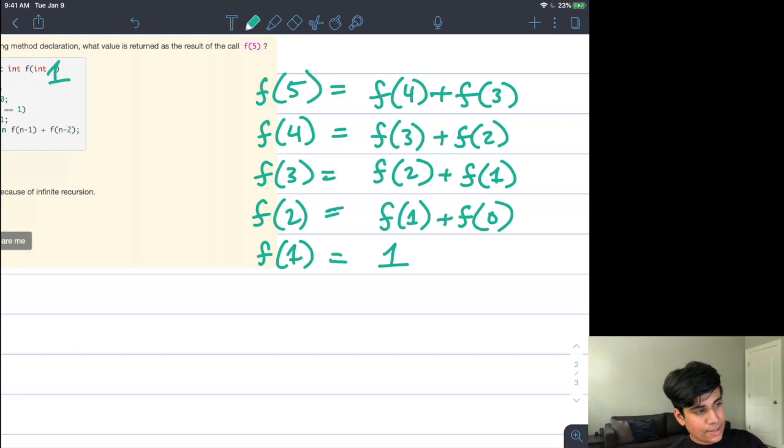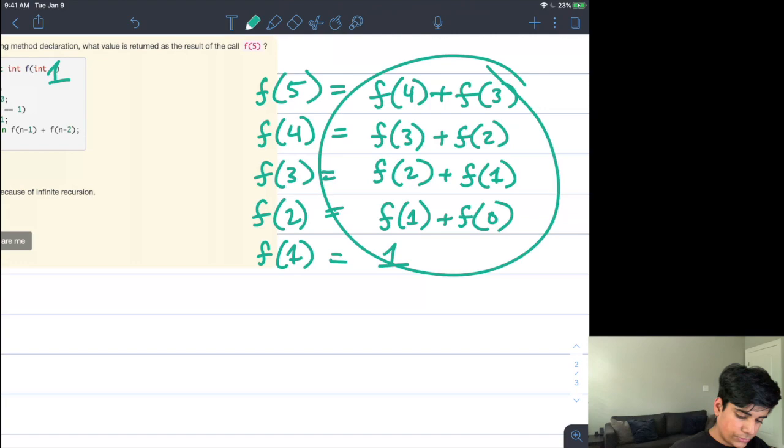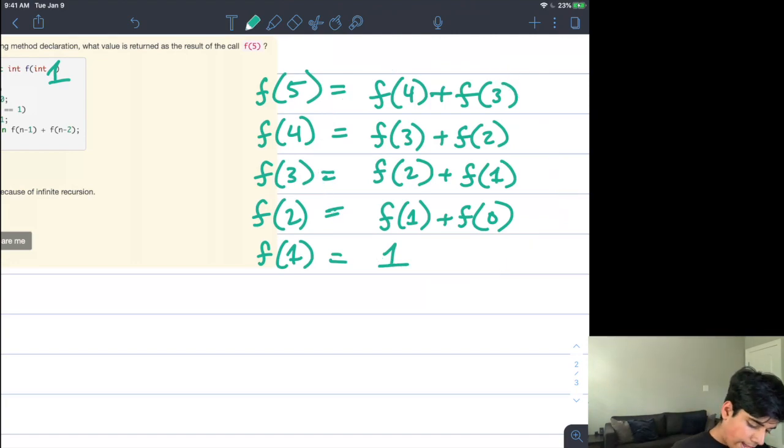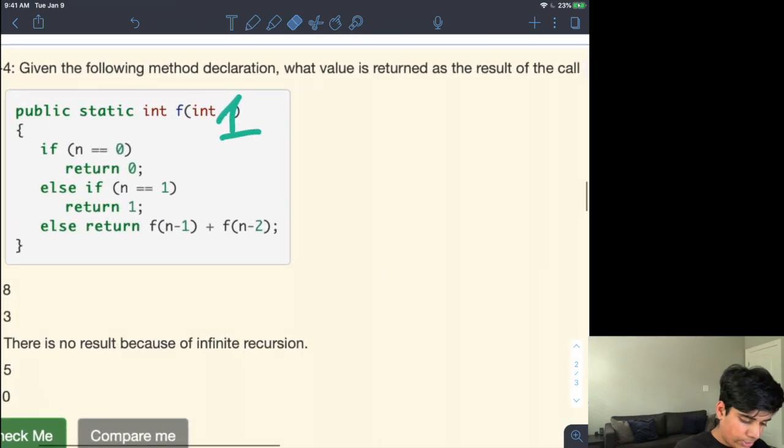Now this is great, and some people will stop here, but remember, we have one extra call. We called f1 and also f0, and f0 is the only one we have not evaluated yet in all of our calls. So let's do that. f0 is equal to, and again, we put our parameter as 0.